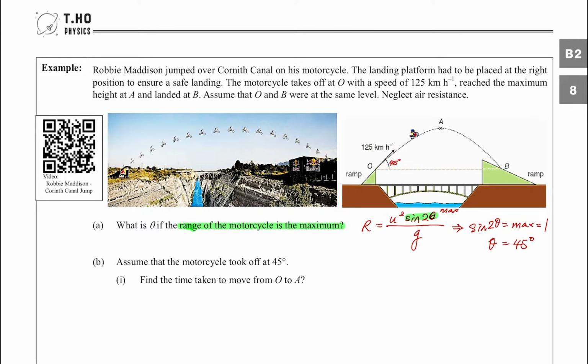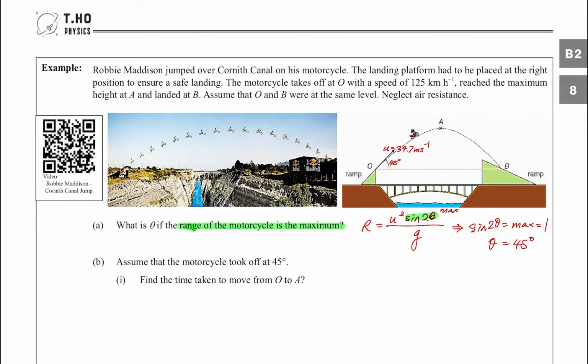So instantly, I would like to change the launching speed to 34.7 meters per second in SI unit. And once we change the unit, we will forget about the number in km/h. So U, the launching speed, is equal to 34.7.